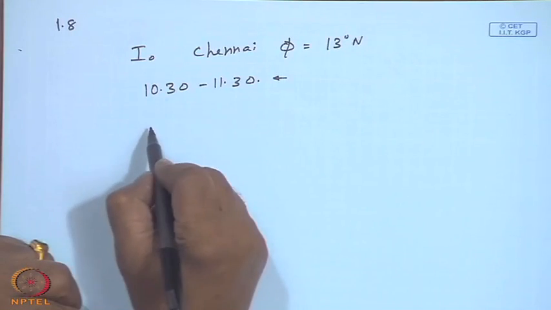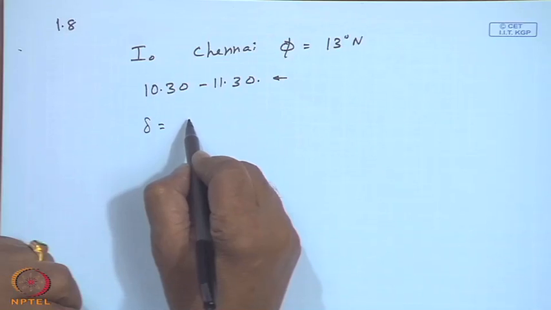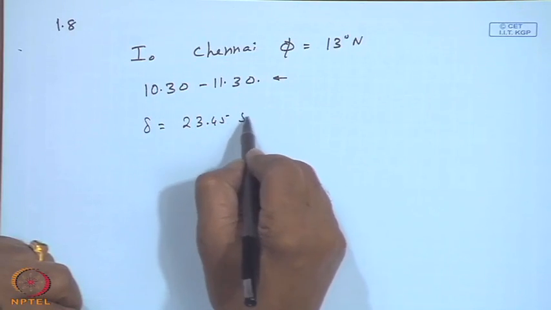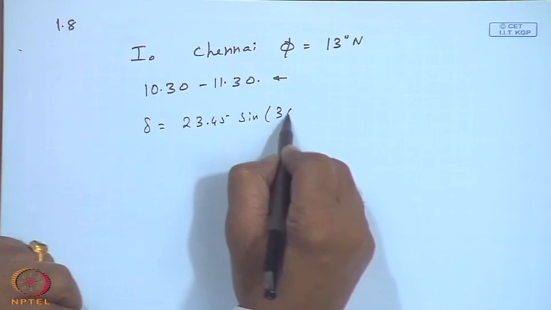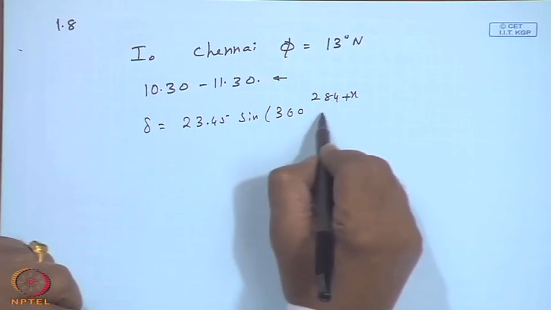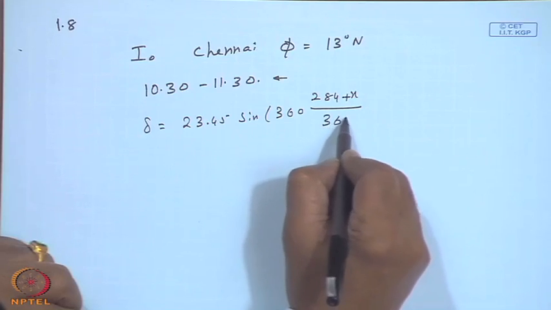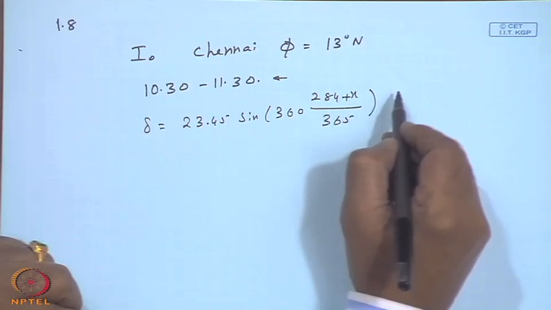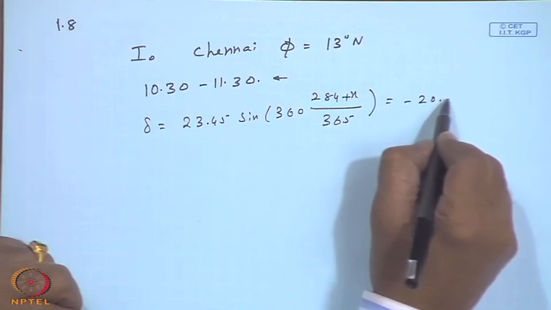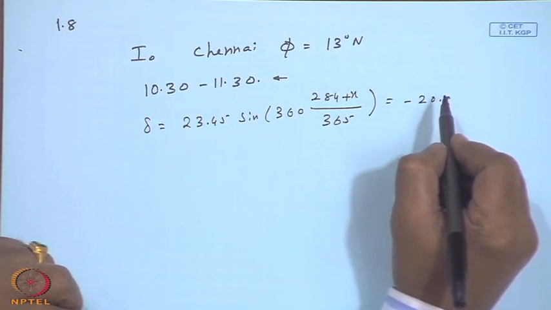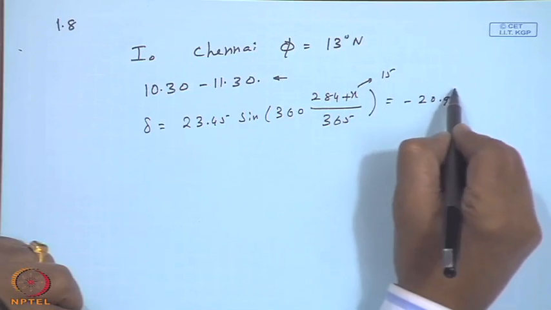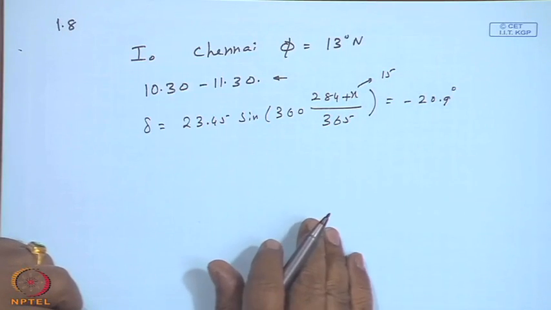So, declination for Chennai will be 23.45 sin of 360 times 284 plus n by 365, on that day, rather any location, that equals minus 20.9, because it is January 15th, n is equal to 15. It is almost the mean declination.